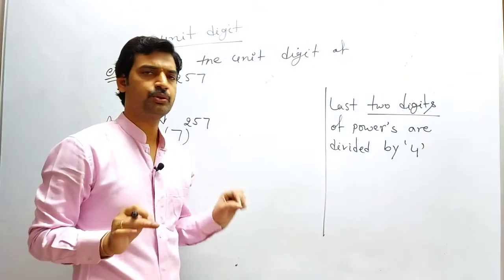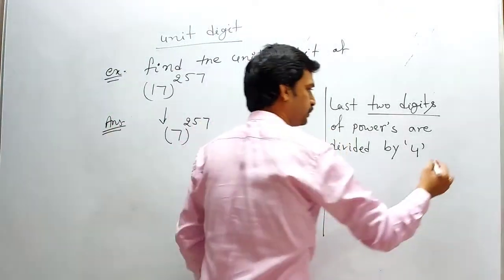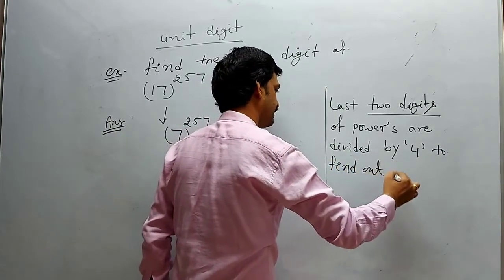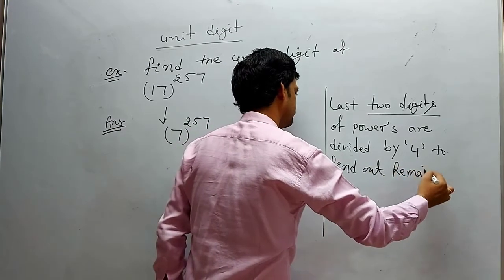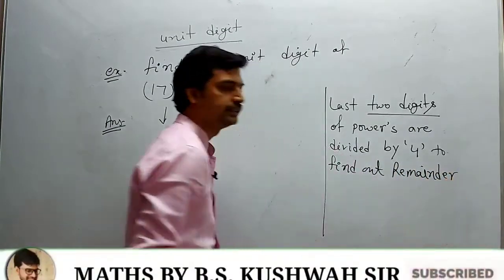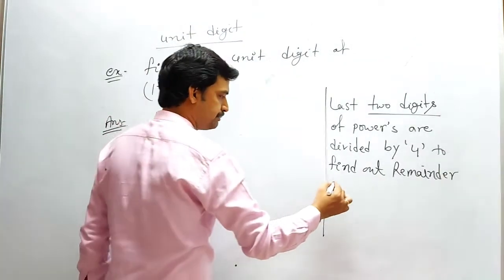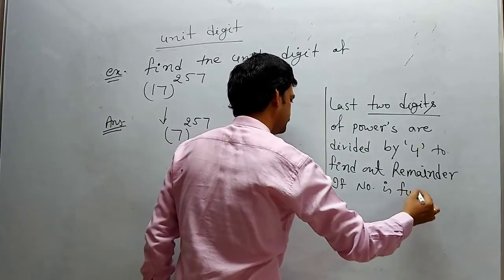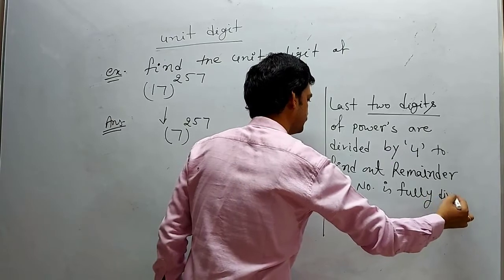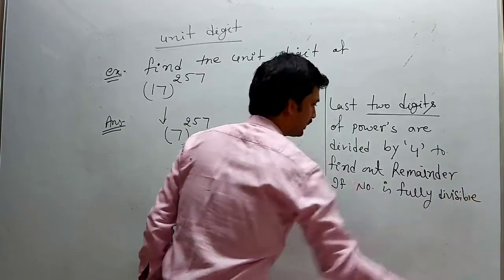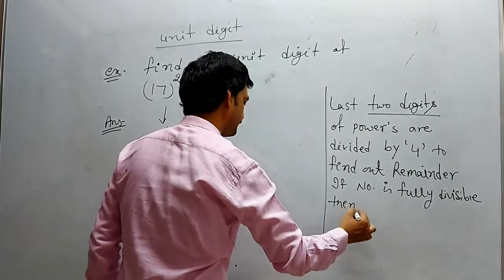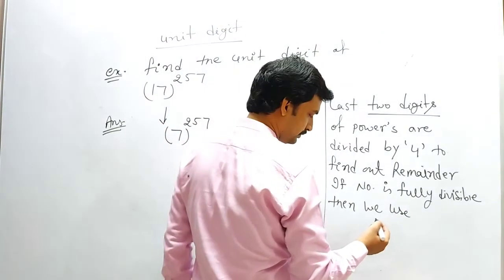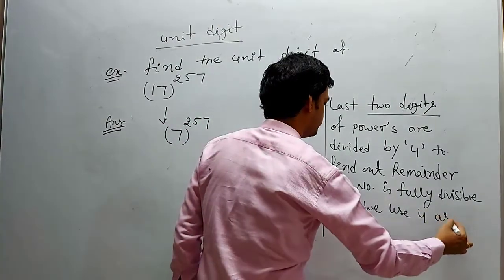No confusion, always divide the last 2 digits by 4 to find the remainder. Clear? If the number is fully divisible, then we use 4 as the remainder.